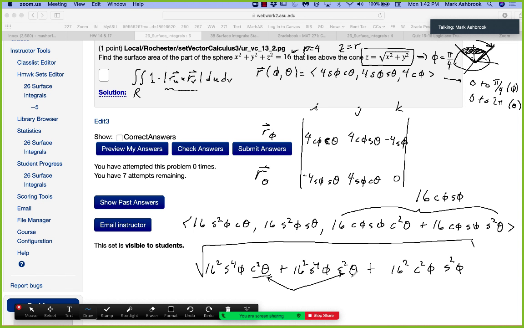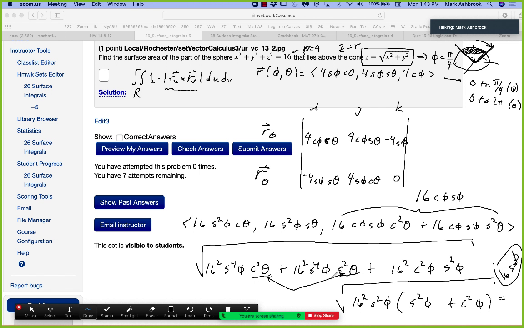We get it here, and so this is going to just be 16 squared sine to the 4th. And then we can factor out a 16 squared sine squared, and we get it again. So I can do those all in one step: 16 squared times sine squared phi times sine squared phi plus cosine squared phi. So in the end, we get 16 sine of phi for the magnitude of the cross product. So we get lots of cancellations with Pythagorean identity.